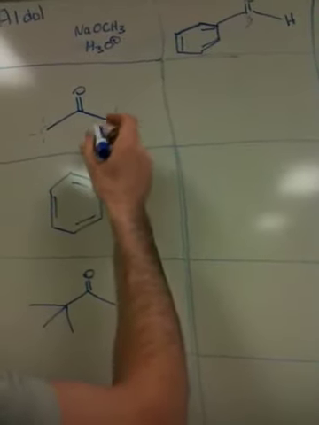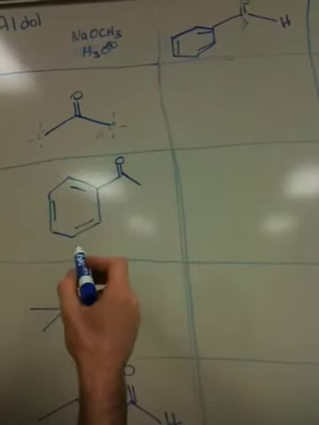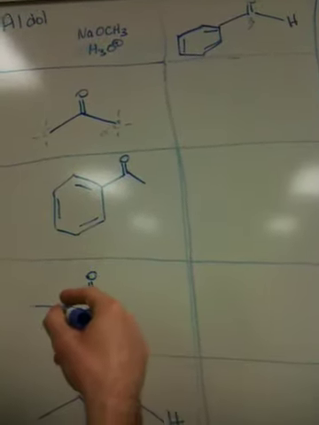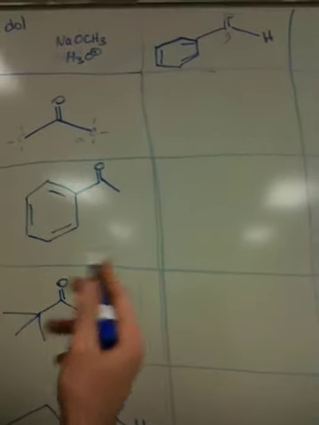So this is alpha. We know it's alpha because it's next to a double bond O, and it has the most acidic hydrogens there, which means they want to be given away.